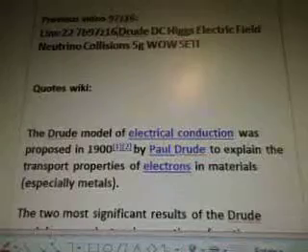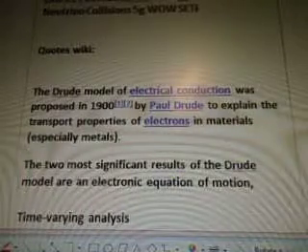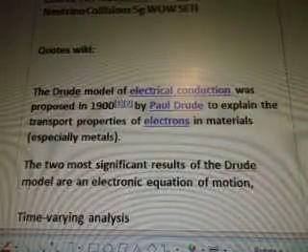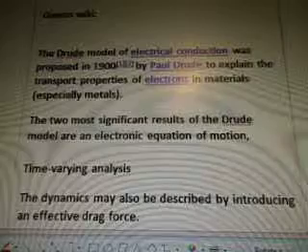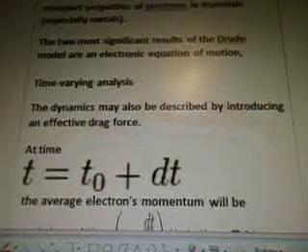Quotes from Wiki: the Drude model of electrical conduction was proposed in 1900 by Paul Drude to explain the transport properties of electrons and materials, especially metals. Two most significant results of the Drude model are an electronic equation of motion, time-varying analysis. The dynamics may also be described by introducing an effective drag force at the time t equals TO plus dt.